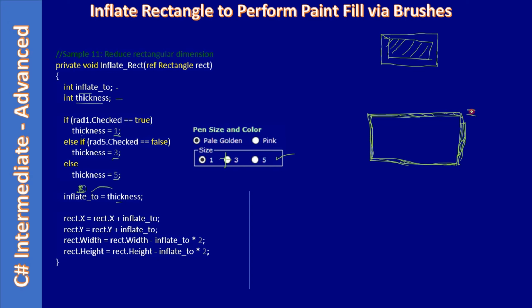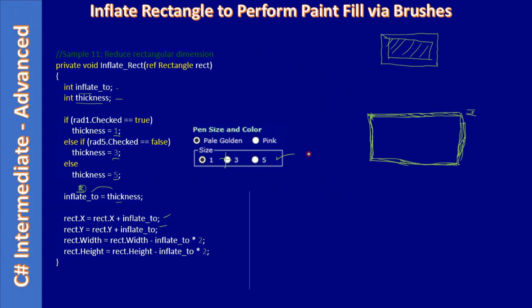Here what we are doing is rect.X equal to rect.X plus inflate 2. So this is the corner, right? From X we are applying this X. Similarly we apply Y, thereby we reach the inner corner here, X and Y. Then width, if you see, this is thickness 3 and this is also thickness 3.